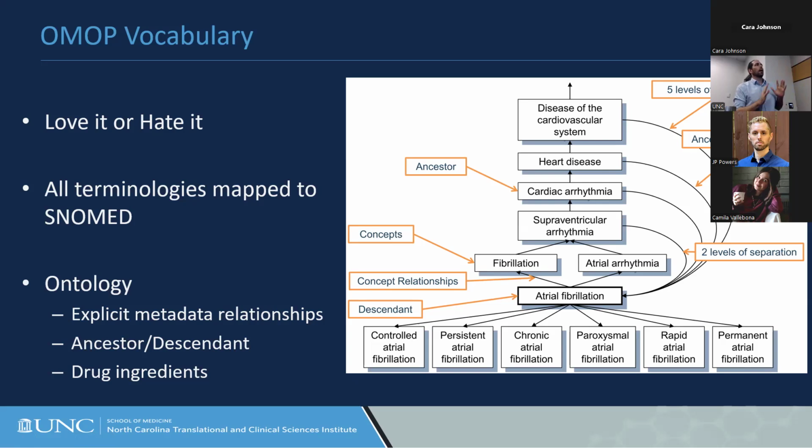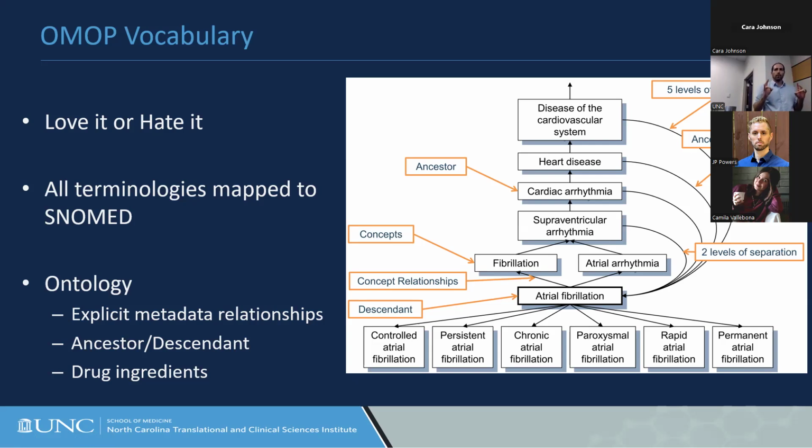So as I said before, all the terminologies are mapped to SNOMED. Another piece that's important to know is the OMOP vocabulary is not a terminology specifically, it is an ontology.